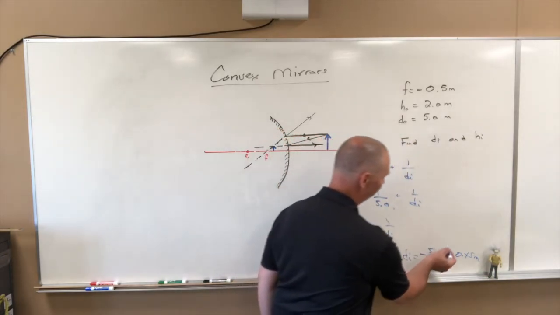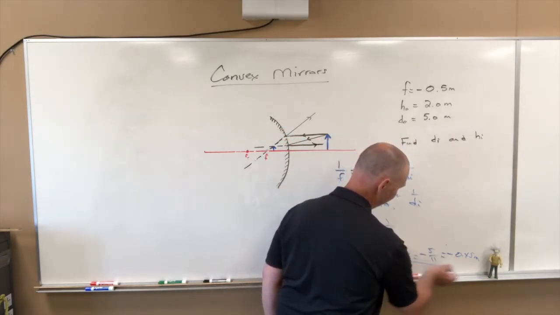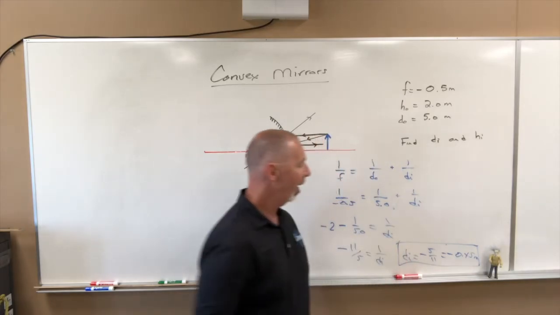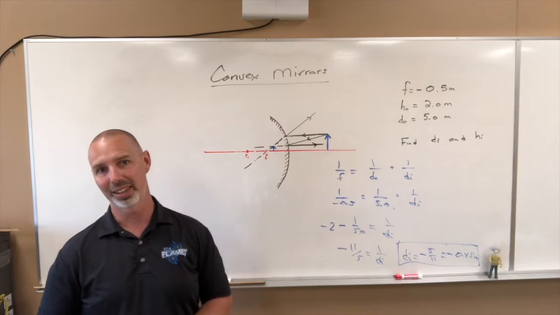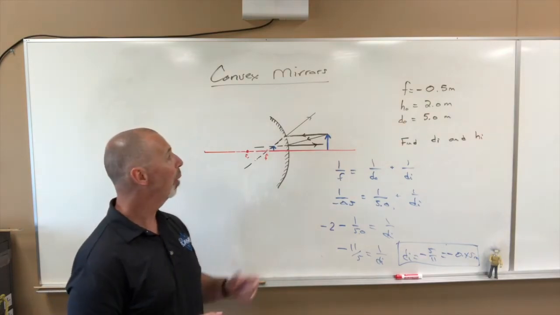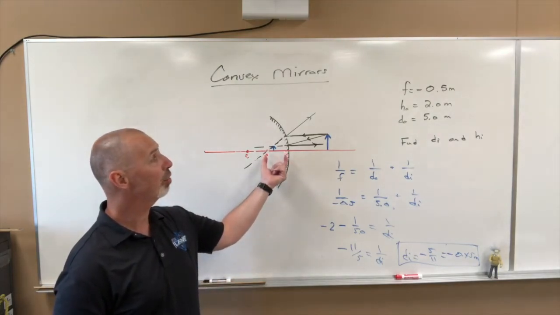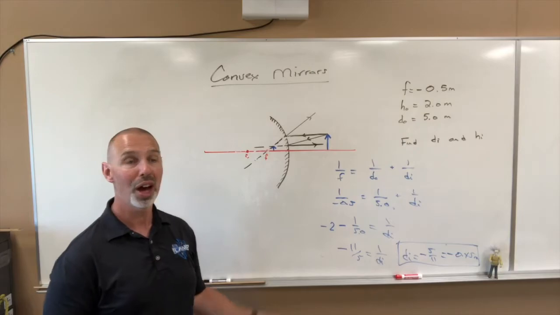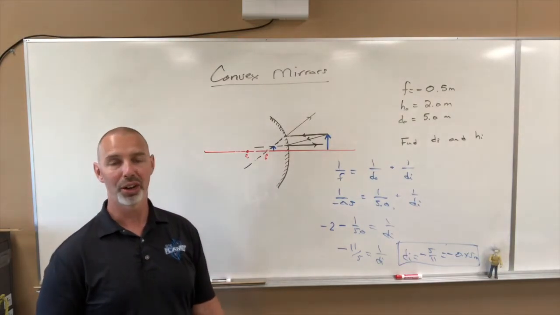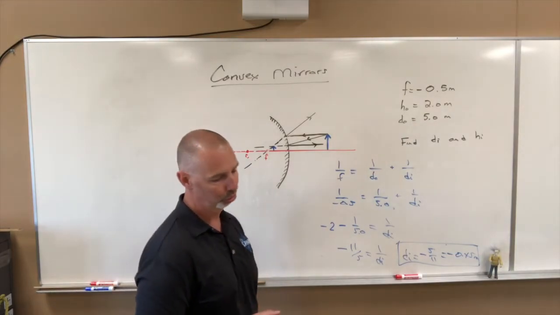All right, so there's our DI. And again, the negative sign is just telling us that it's behind the mirror, and we can see that it is behind the mirror. And we can also see that it is inside the focal point. The focal point was 0.5, and our image distance is 0.45. So we can see that our diagram is reasonably close to correct.